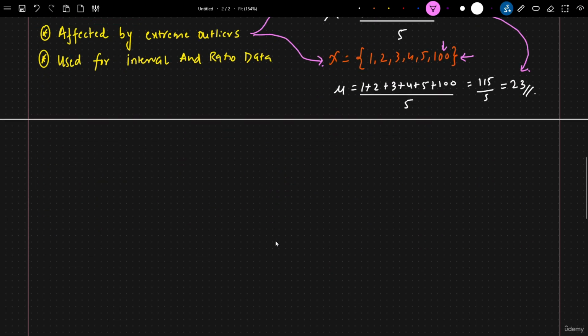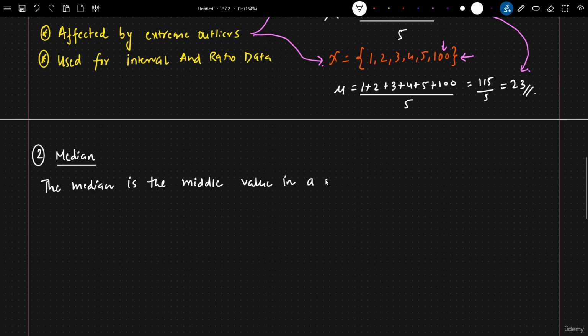And that is where we use something called median. So the second one that we are going to discuss is something called median. Now, what is median? In order to define it, median is the middle value in a data set. Okay.